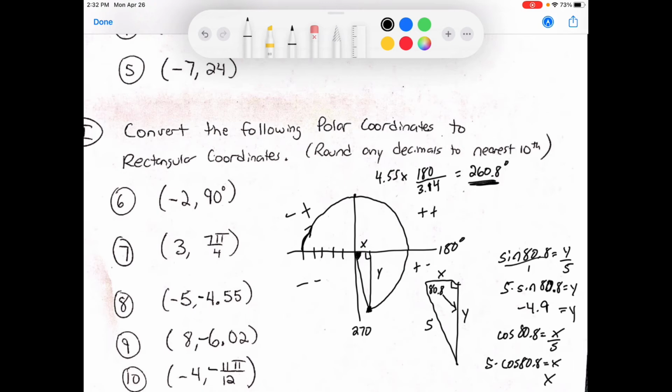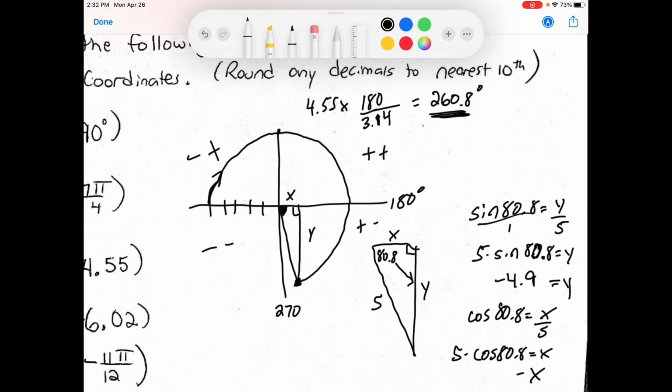So x equals 0.8. So my coordinate on number 8 is 0.8 comma negative 4.9.